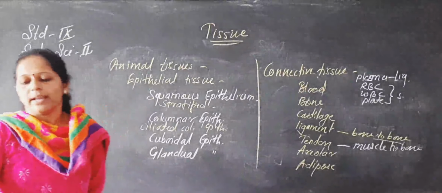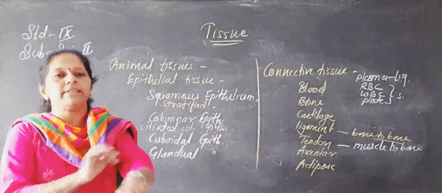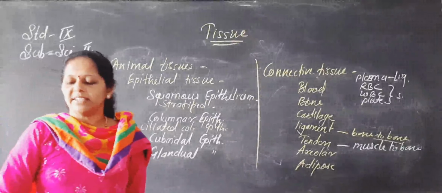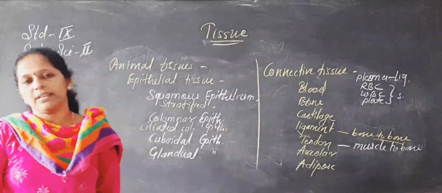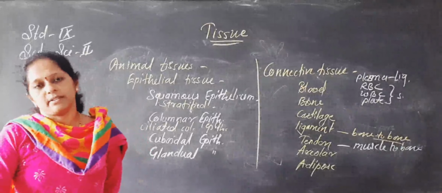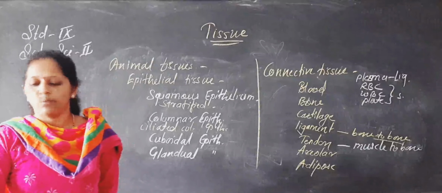Areolar tissues are found between the skin and the muscle, around the blood vessels and nerves, and in the bone marrow.